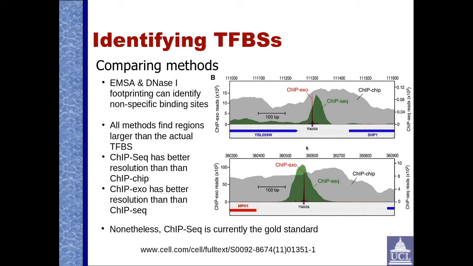these are two different regions, and what we've got in grey is the result of doing ChIP-chip. So in other words, these are the regions that are identified as binding to something. And what you can see is that while there is a peak here, it really is spread out and we're getting signals all over the place. And the same thing happens in this example.